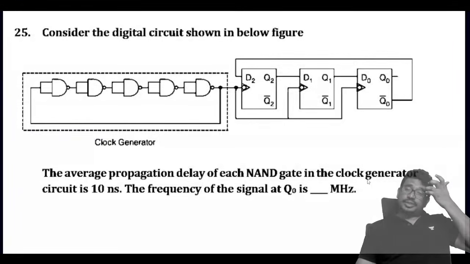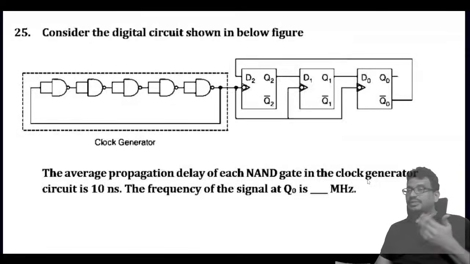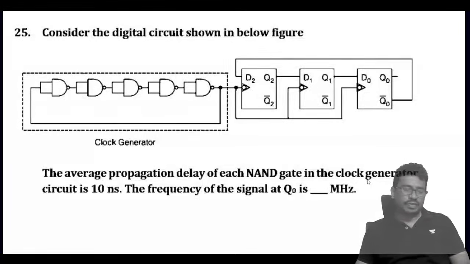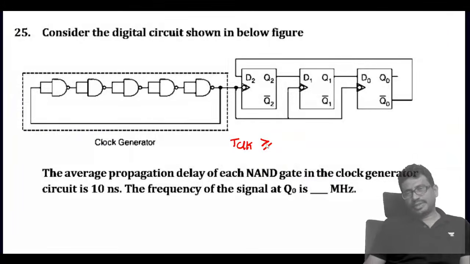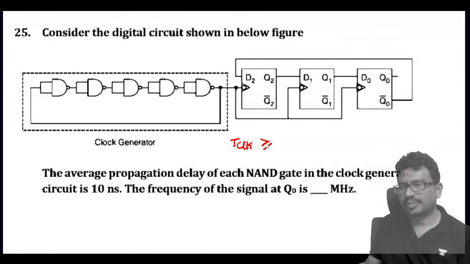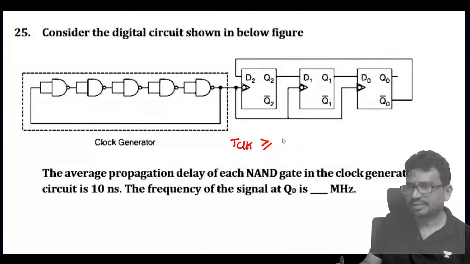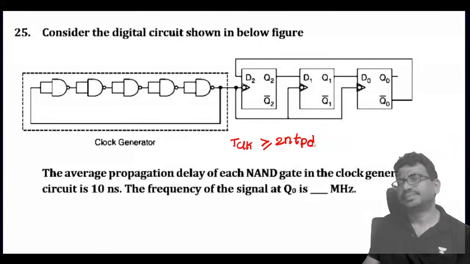In a synchronous counter the frequency at each flip-flop is the same only. So the clock time period must be greater than the delay. The average propagation delay is given, so this should be greater than 2n into TPD.